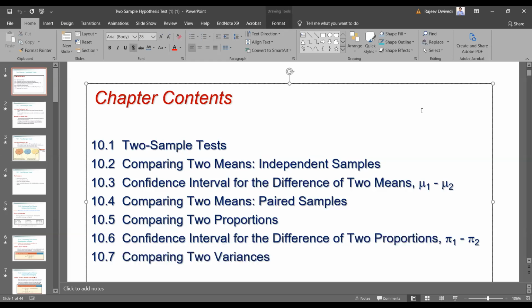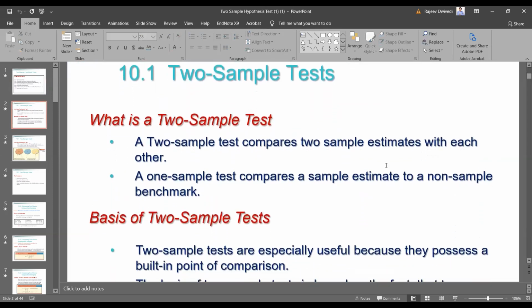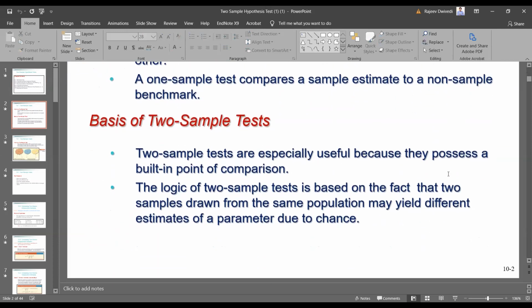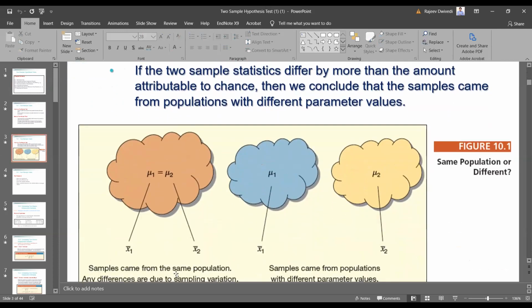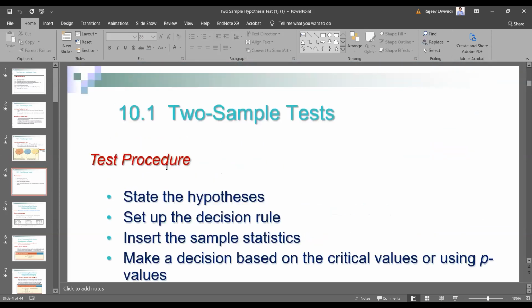So this is what we are going to learn. In the two sample test you have mu1 and mu2, two samples, and you are going to say both are equal. Therefore, the difference between mu1 and mu2 is going to be 0. And that is our hypothesis.